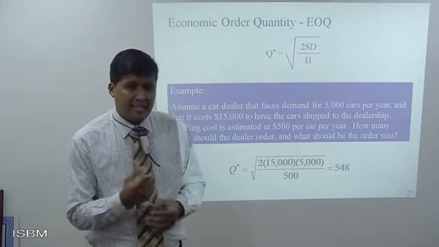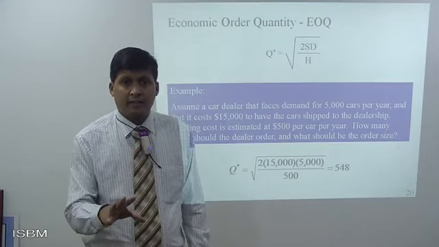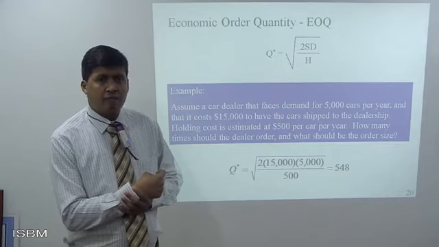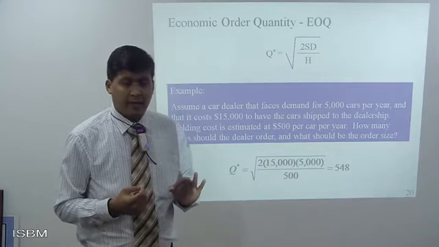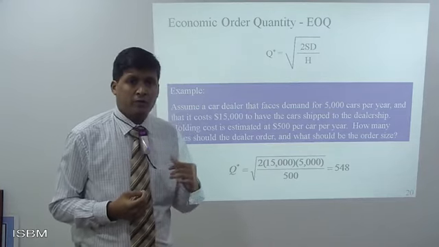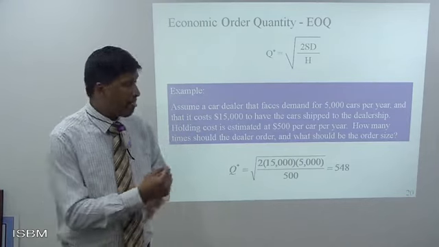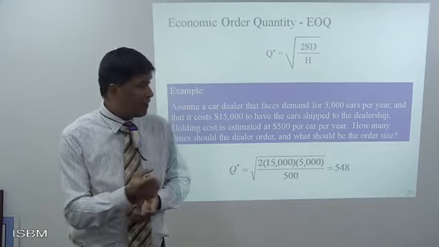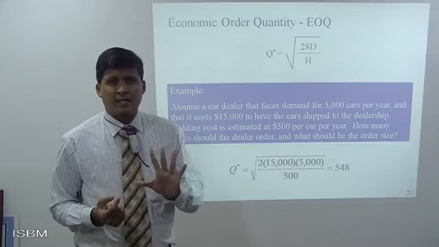Let's take this as an example so that we can really define this well. Assume a car dealer that faces a demand for 5,000 cars per year. Now let's get the numbers clear, because we will stick to this example, and this is a good business example to stick by. There's a car dealer, let's take any showroom person, who sells 5,000 cars every year.